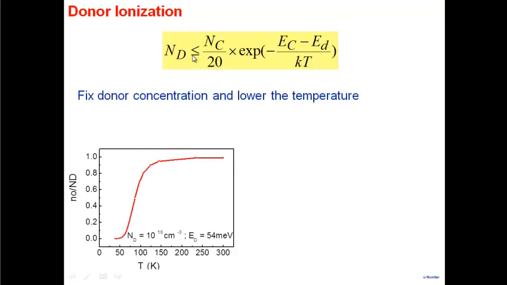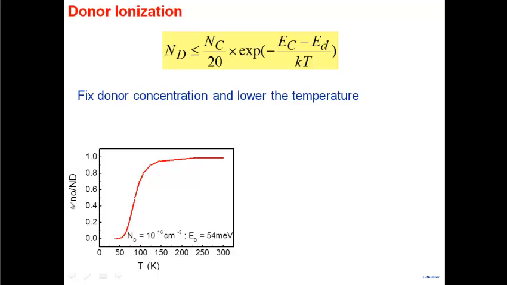And so what we can do is find out, using an expression like this, and maybe you'll do it as part of the homework assignment. For example, in this case, using the equations that I've given, you can determine, with Nd at 10 to the power 15 and 10 to the power 16 and Ed at 54 milli-electron volt, I'm plotting the fraction of donors which are ionized.